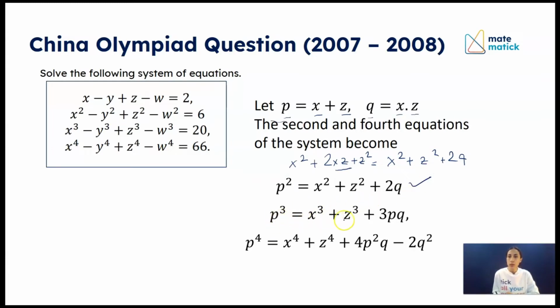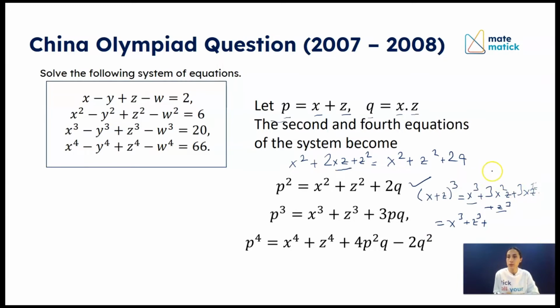Now let's check p cubed. p cubed is equal to x cubed plus z cubed plus 3pq. Why is it 3pq? Because I know that p is equal to x plus z, so we have (x plus z) cubed. This is equal to x cubed plus 3x squared z plus 3x z squared plus z cubed. I cannot change x cubed and z cubed, so I will leave them as they are. So here we have plus 3x squared z plus 3x z squared.